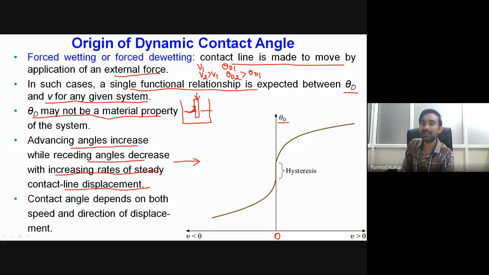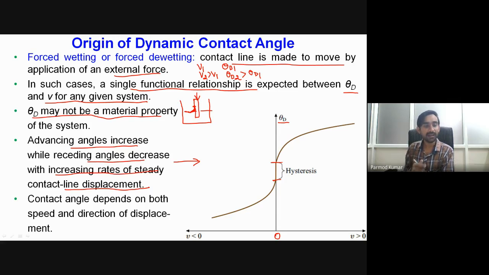On the other hand, while the liquid is advancing, if you increase the contact line velocity, the contact angle increases. Corresponding to zero velocity, we have the static situation, and for the static situation we have some hysteresis, meaning some difference between the advancing and the receding contact angle.